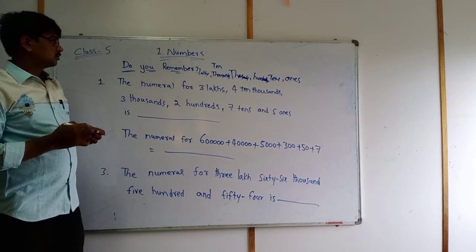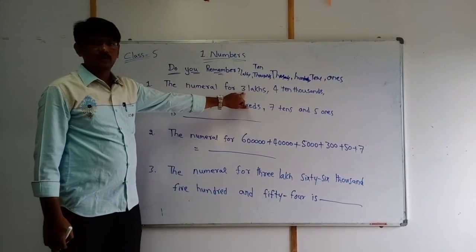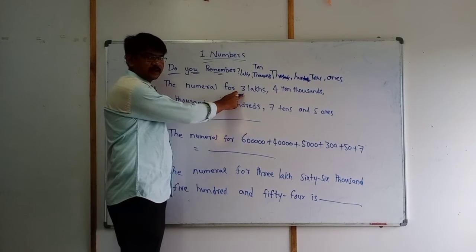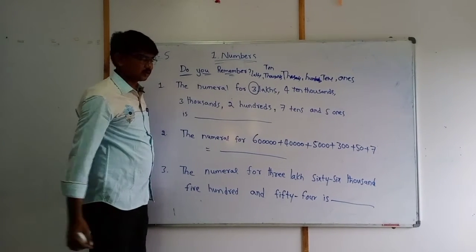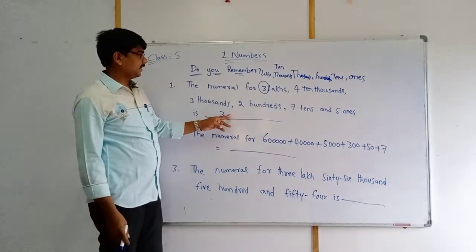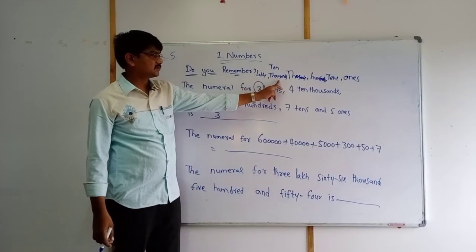So this problem starts from lakhs. First of all, the lakhs place. What is the number at the lakhs place? 3. So 3 is here. Next, after lakhs comes the 10,000s place.